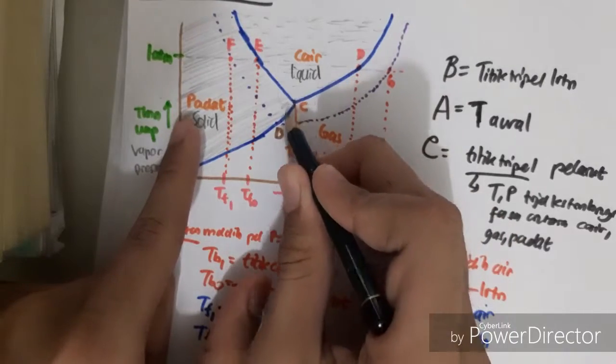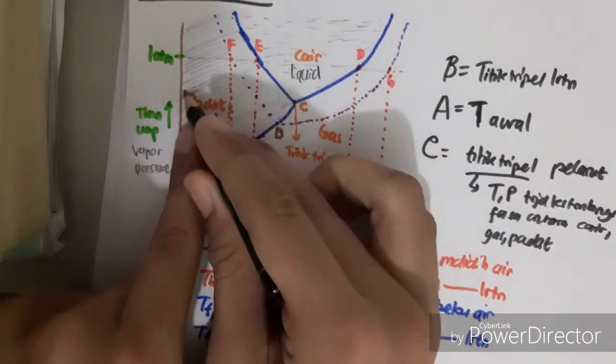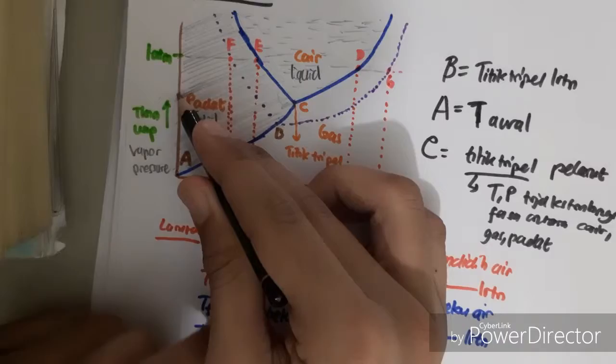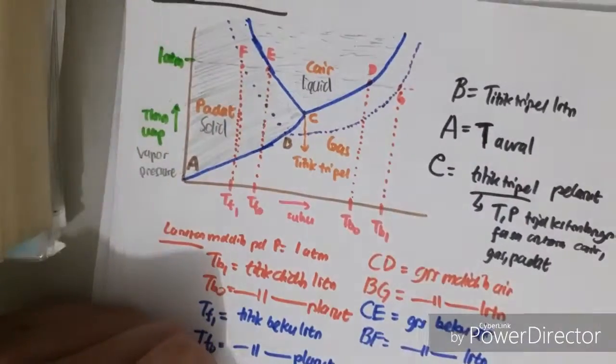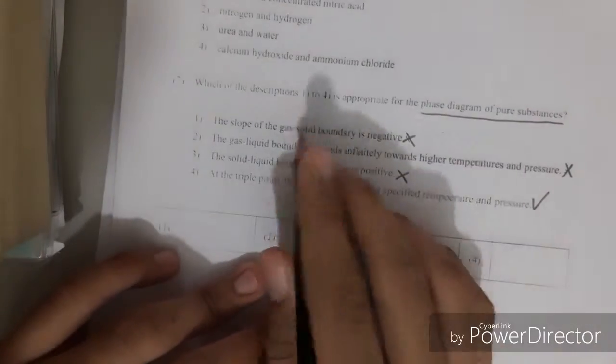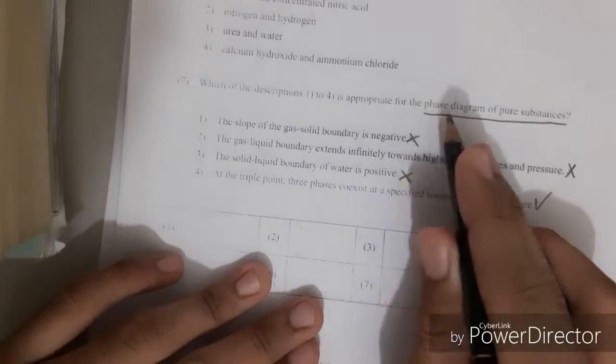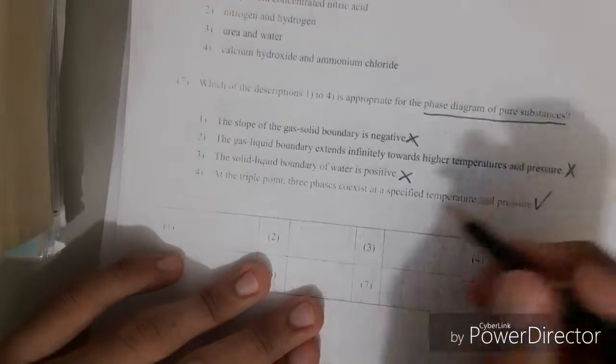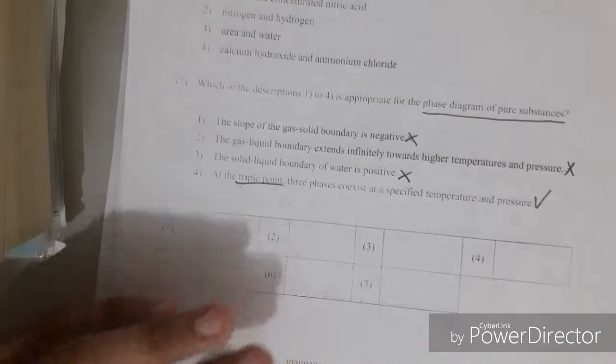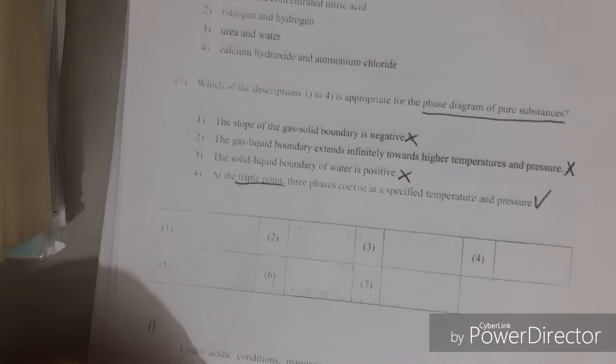Therefore, the description appropriate for the phase diagram of pure substance is: at triple point, 3 phases coexist at the specified temperature and pressure.